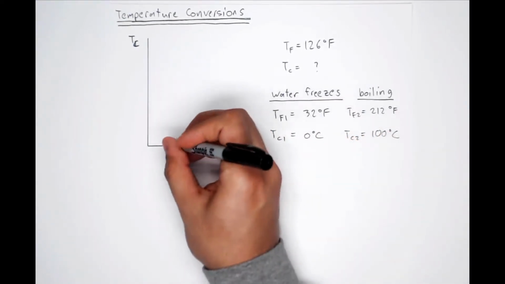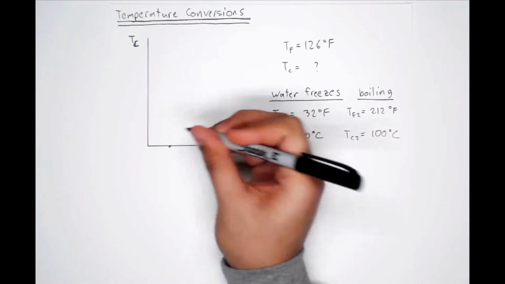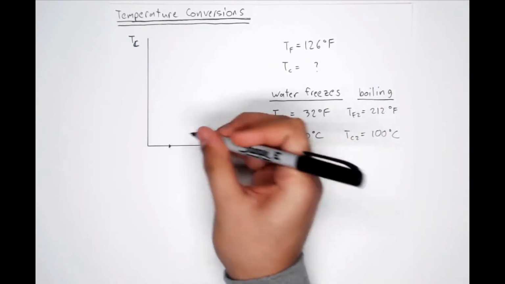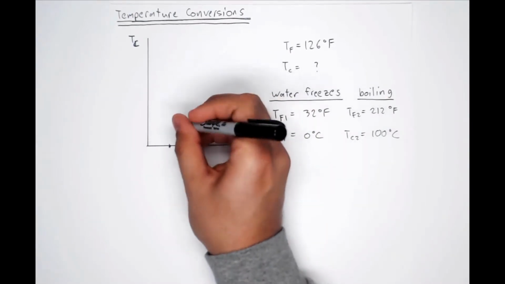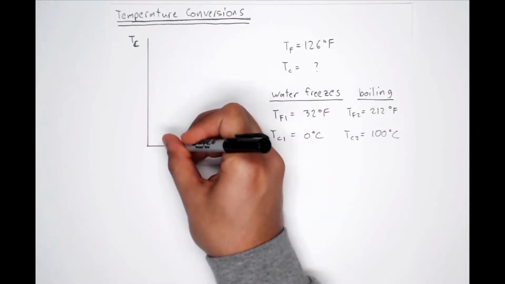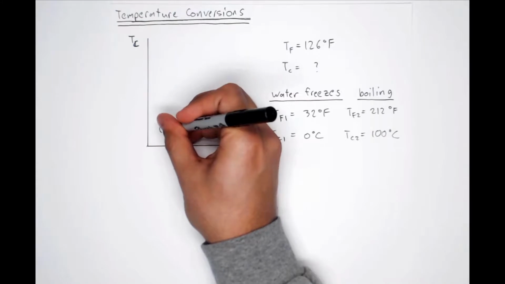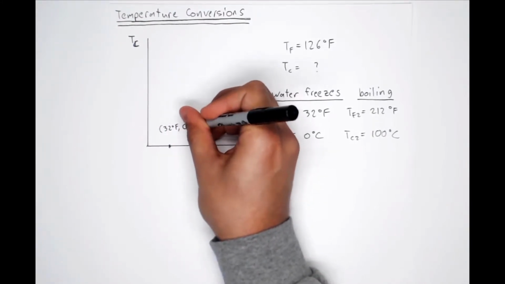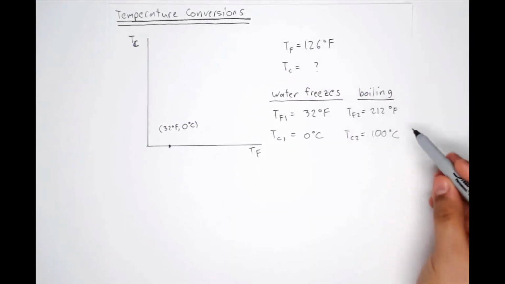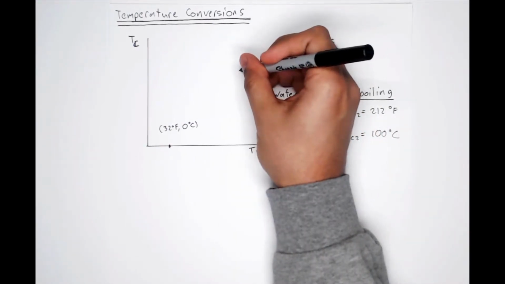So the temperature in Fahrenheit, let's just put 32 over here. This is going to be our mark for 32, and the 0 in Celsius is down here. So we're essentially going to put a point right here that's going to be 32 degrees Fahrenheit and 0 degrees Celsius. Then we have the second point. Let's just put it over here.